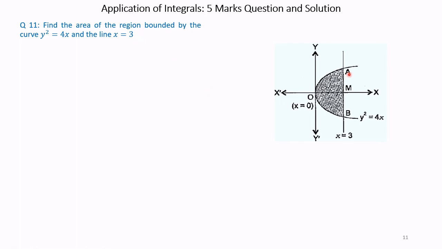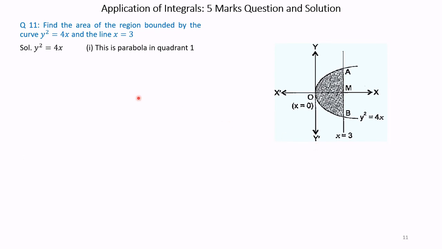This is shown in the figure. Y squared is 4x is a parabola touching the origin O, and x is equal to 3 is a vertical line. So we have to find the area between O and the line AB, AB intersecting with the parabola.